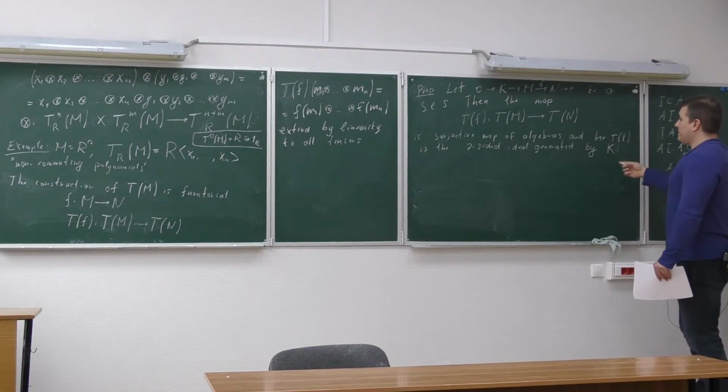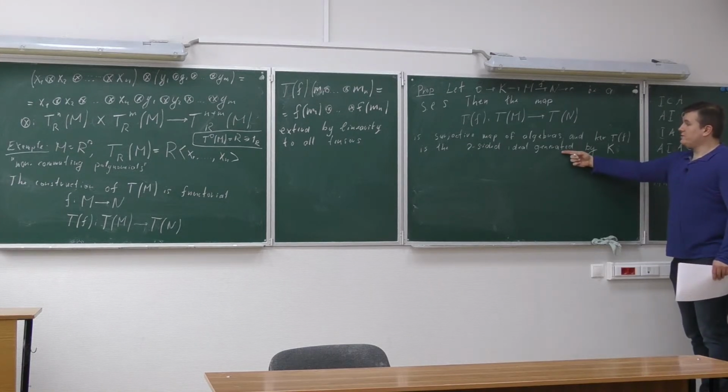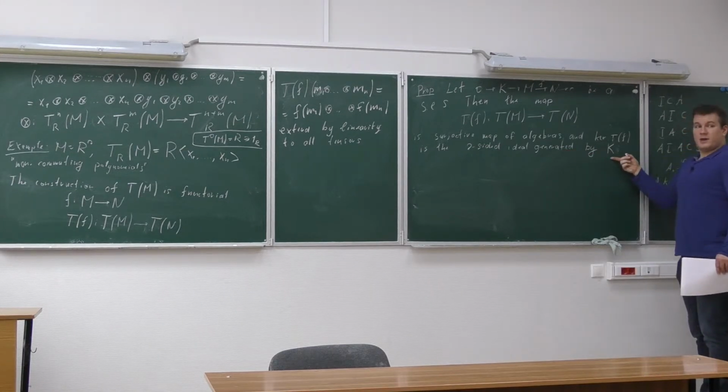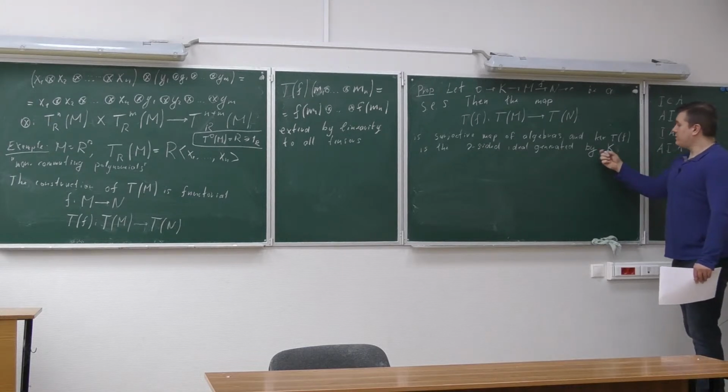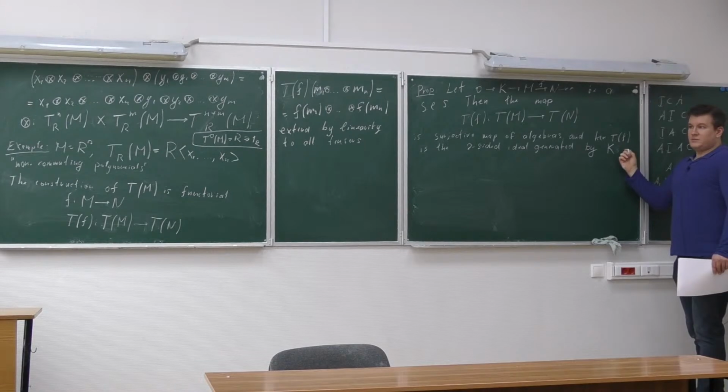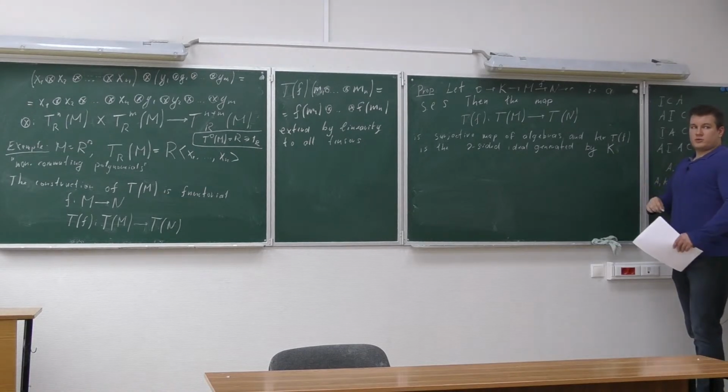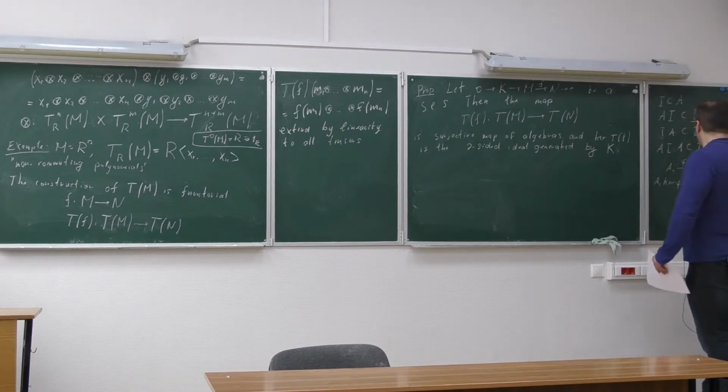The point is that we can describe this two-sided ideal as an ideal generated by K. If I want to generate an ideal by some subset, I just consider, for example, the smallest possible two-sided ideal containing K inside. Or I can consider all possible two-sided ideals containing K and take the intersection of all such ideals.